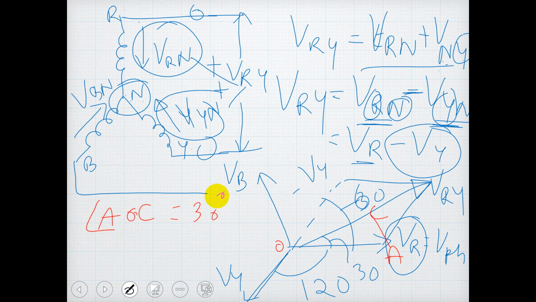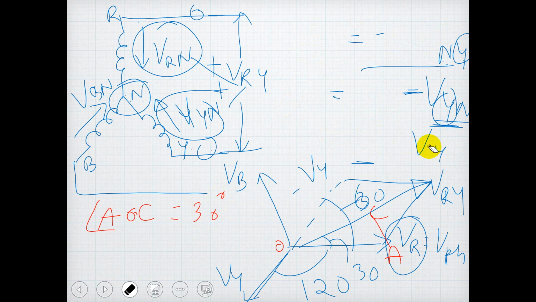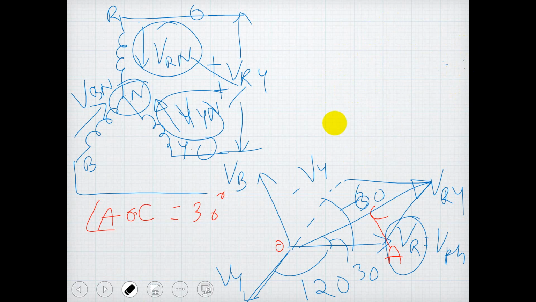So AOC is 30 degree. So let me continue the part now. But now cos 30, if you look at that triangle, so cos 30 degree is nothing but OC by OA.